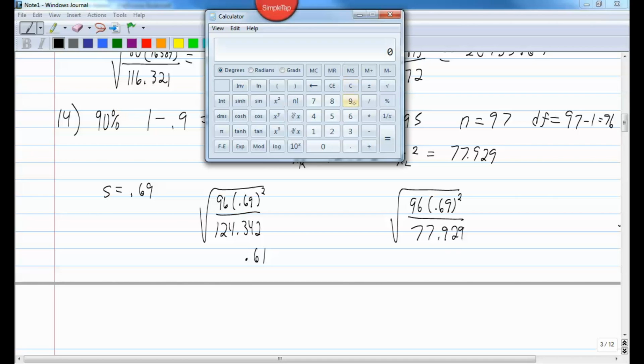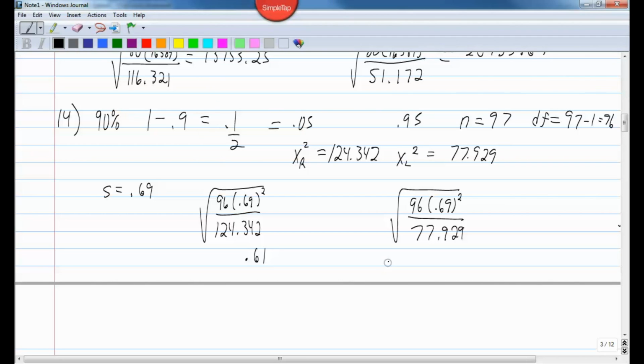Now let's see what I get for the right endpoint. Let's see, 0.69 squared times 96 divided by 77.929. And then we take the square root of that. So if I go to 2 decimal places, that'll be 0.77.